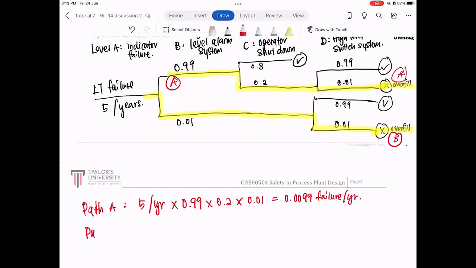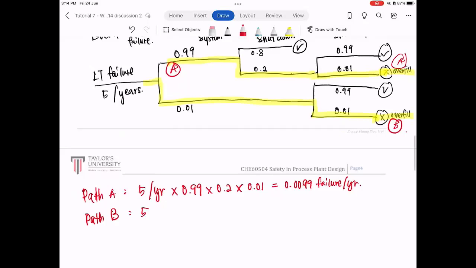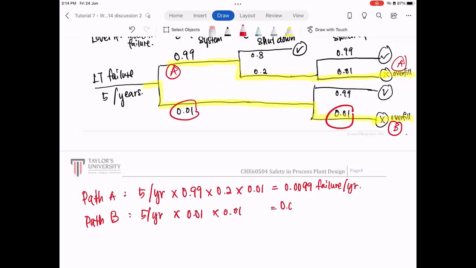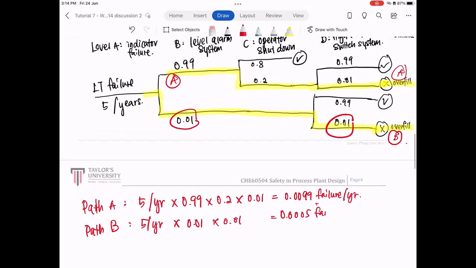So path B, again still 5 times per year, and 0.01 over here, and 0.01. So 0.0005 failure per year.